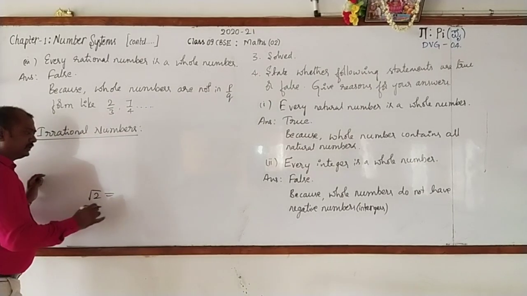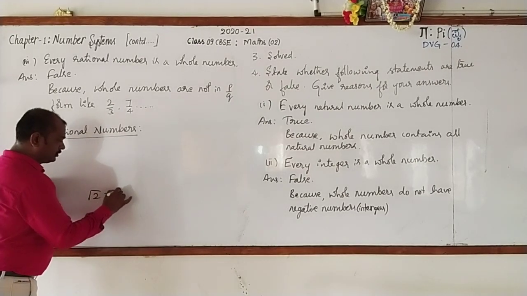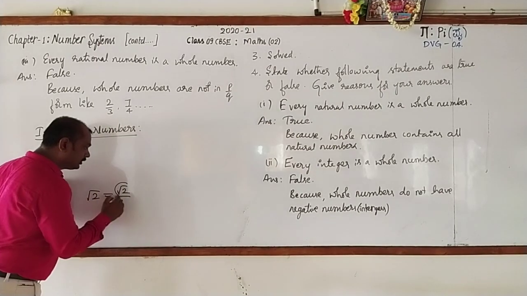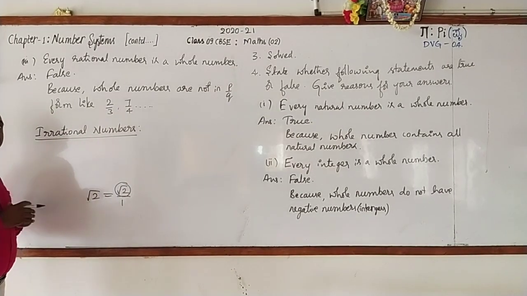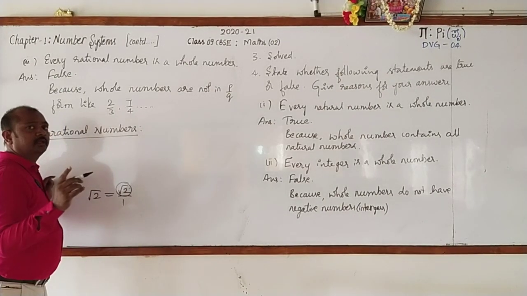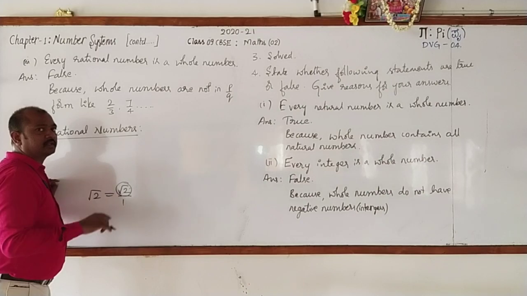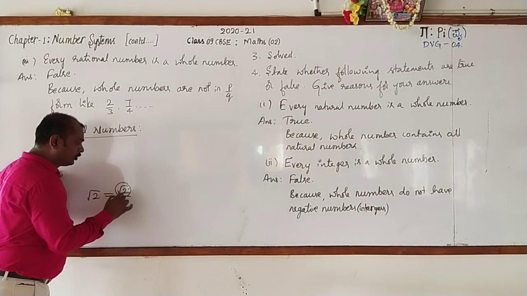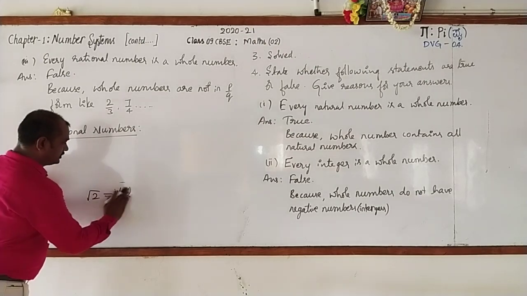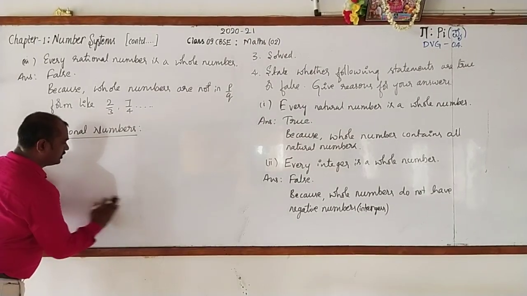Root 2, it can be written in the form of p by q as root 2 by 1. But do you say that root 2 is an integer? We know that condition p and q should be integers to say it is a rational number. But here root 2 is not an integer, hence it is irrational number.